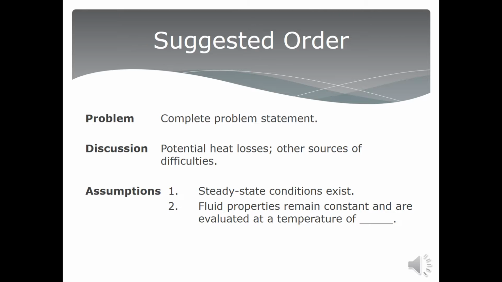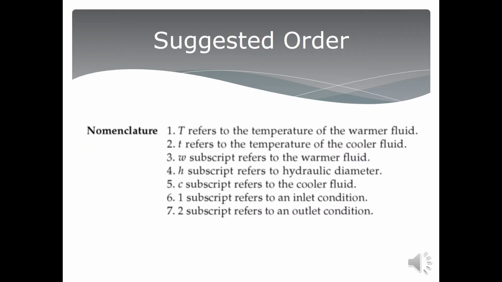The first is that steady state conditions exist. The second is that fluid properties remain constant and are evaluated at a specific temperature. You need to decide what temperature this is. Then you need to define what your letters and numbers represent. An example of this is number 3. W as a subscript refers to the warmer fluid.